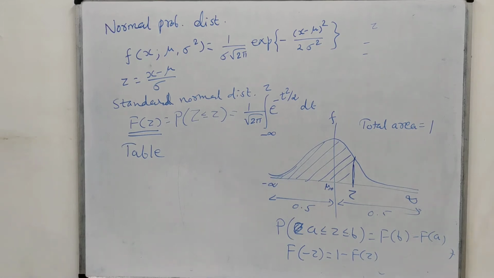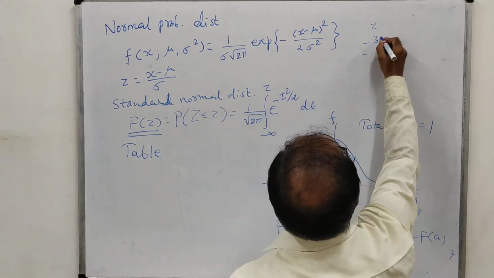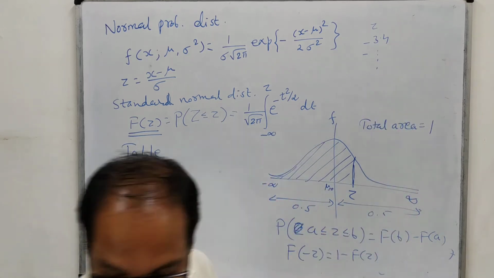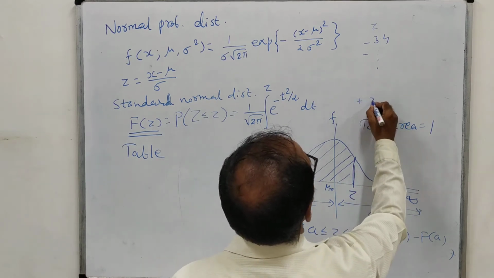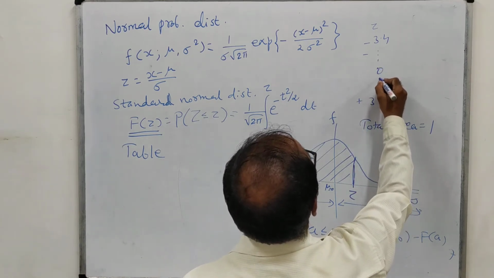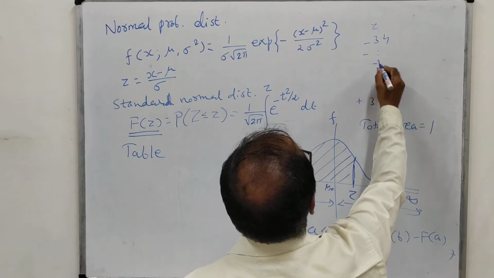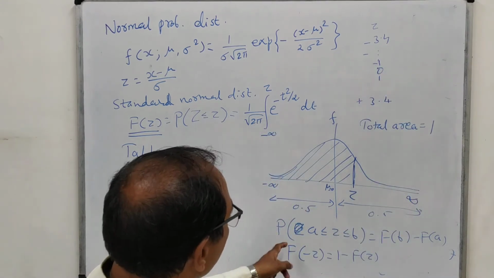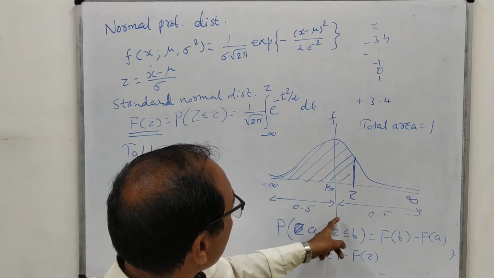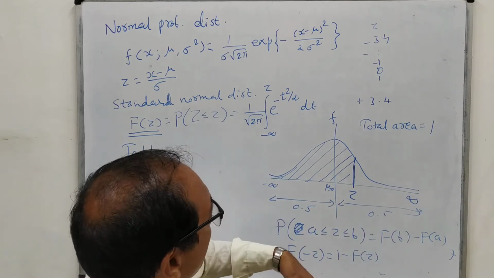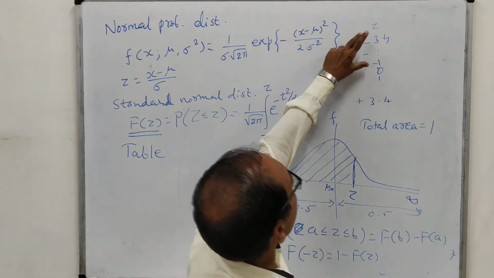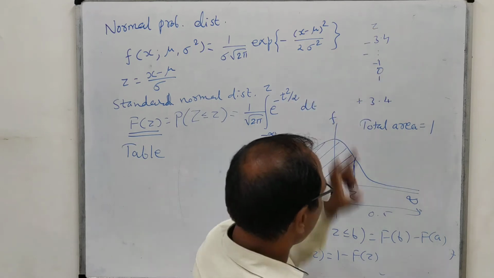Already I have shown you the table. In our table, the values for negative z have been given. It starts from minus 3.4, then minus 3.3, minus 3.2 and so on up to plus 3.4. In between it will be 0, minus 1, 1 and so on. But if the table is from 0 to z, the negative values, for example for negative 1, will not be given.